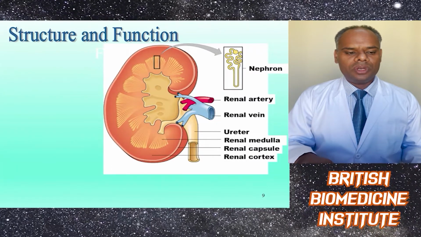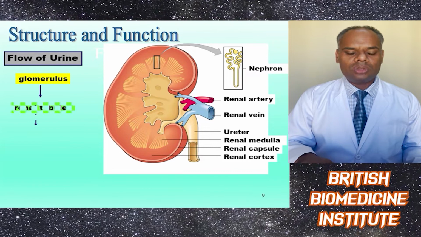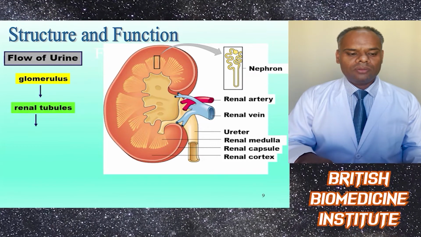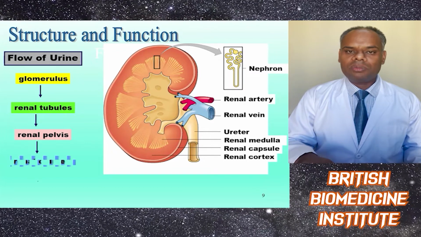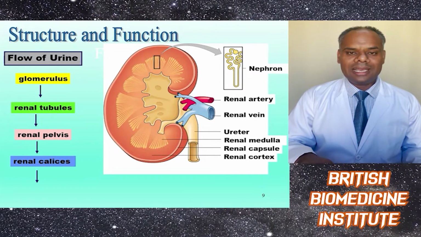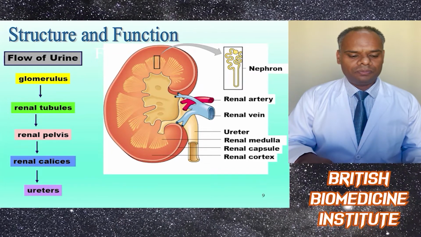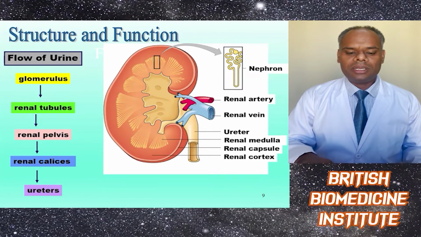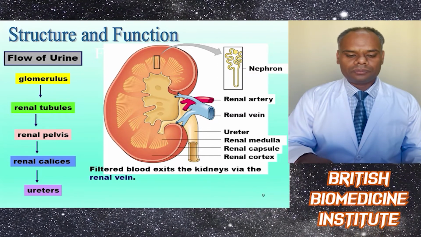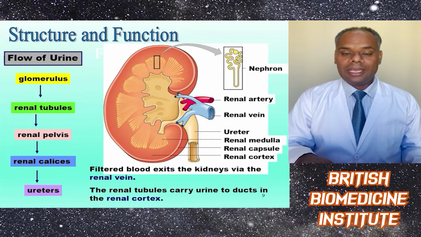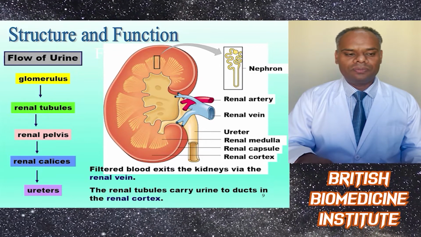The flow of urine: it flows from the glomerulus to the renal tubules, from the renal tubules to the renal pelvis, from the renal pelvis to the renal calyces, and then to the ureter. The filtered blood exits the kidney via the renal vein. The renal tubes carry urine in two ducts in the renal cortex.